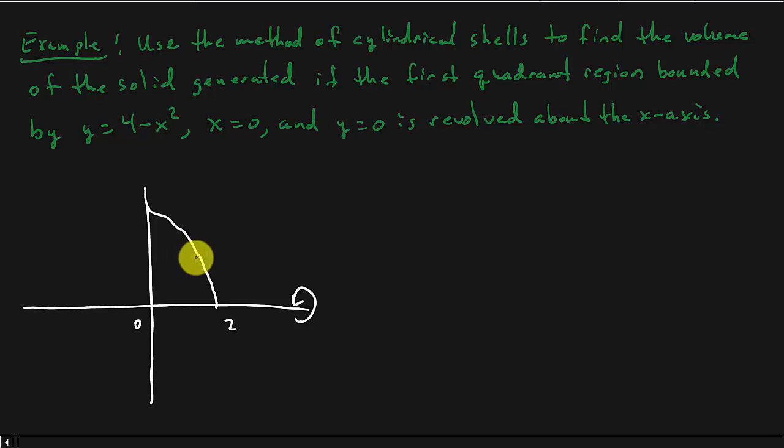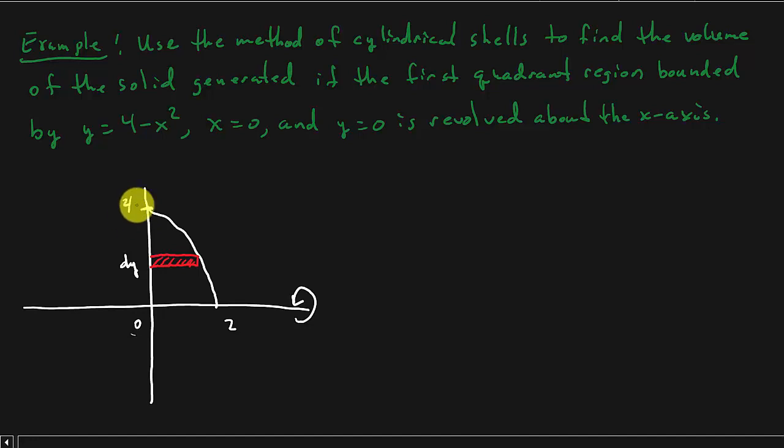So let's draw a rectangle in. So remember the shell method, your rectangle is drawn in parallel to the axis you're revolving it about. All right. And so here you can see our thickness is dy. So we know the limits on our integral are going to have to be y values. We're going to go from 0 to what?